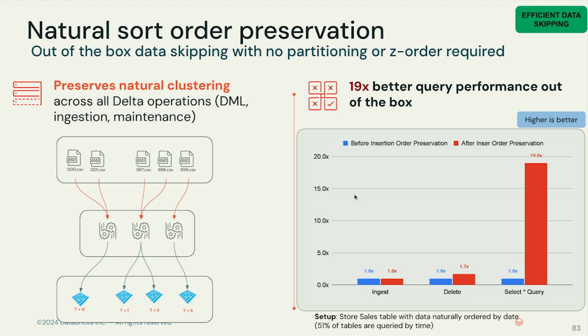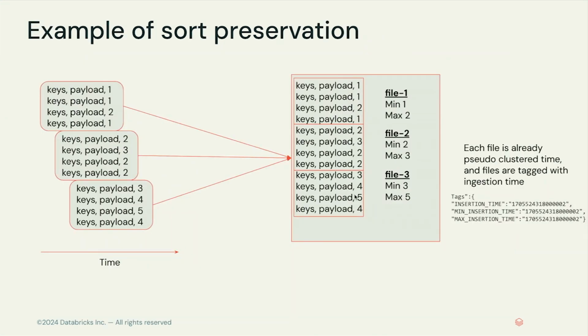If we're able to maintain this clustering, we actually have a well-clustered table, even if you didn't specify anything to Z-order by. In the commit log, we store information about when the data came in, and if you just call optimize on a table, we keep it sorted by how it came in. So as we're interacting with this data, we don't try and blow it up.